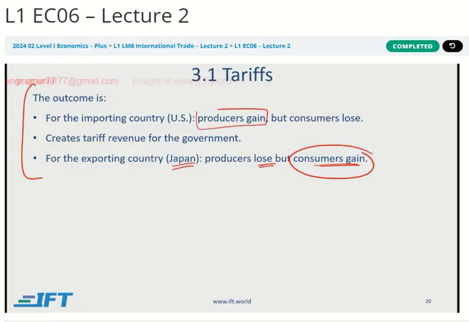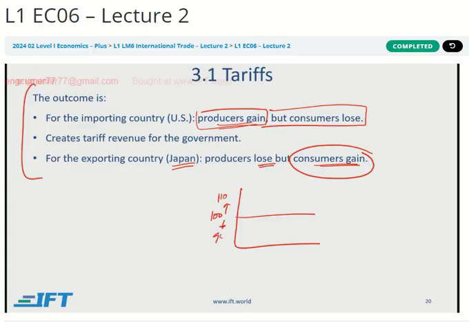And US producers will gain because naturally, if the US is increasing its local price even by a little bit, then the local producers will be able to sell more at higher prices. But of course, consumers will lose because they have to pay the higher price. It depends on exactly how much Japan decreases the price. So if the original price is 100, the US decides to increase to 110, but Japan decreases the price to 95, right?